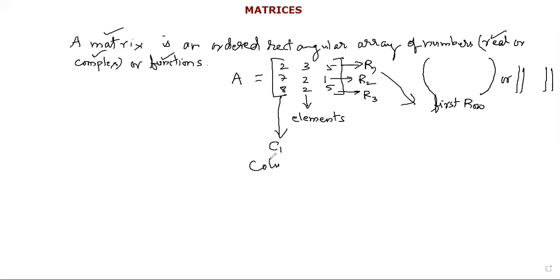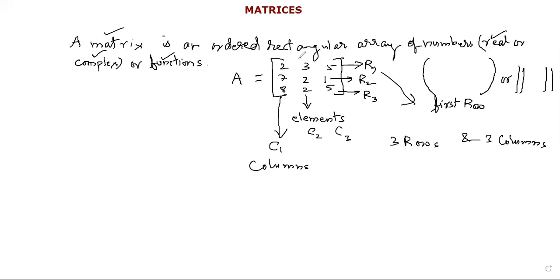These are called columns. So you can say C1, C2, and C3. So this matrix has 3 rows and 3 columns. How many rows does it have? 3 rows and 3 columns. It can have 2 rows, 2 columns. It can have 1 row, 1 column. It depends upon the given matrix.